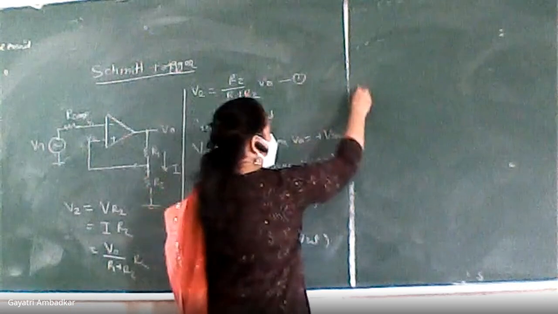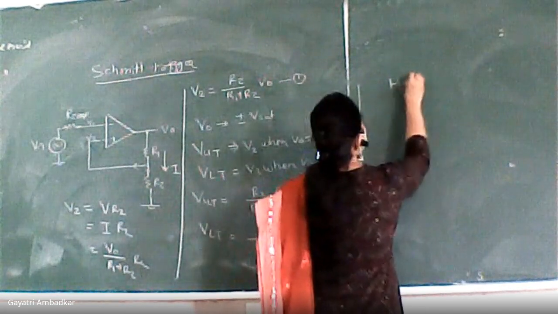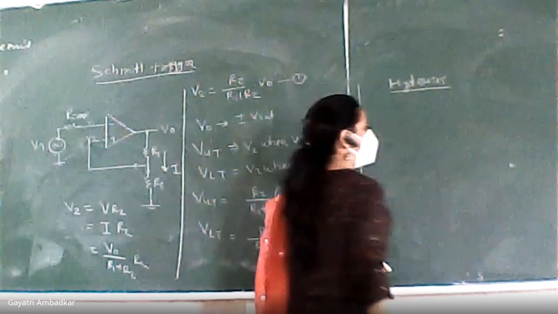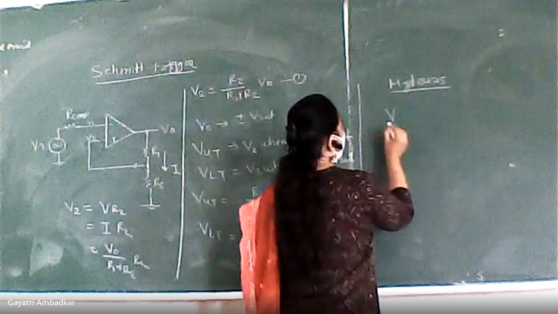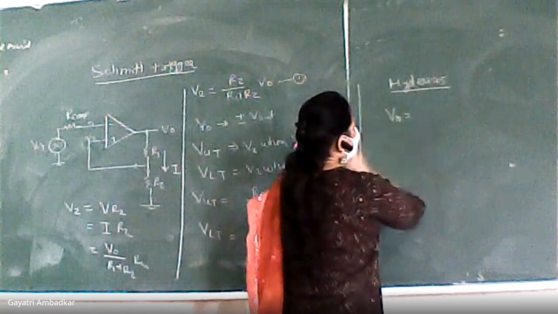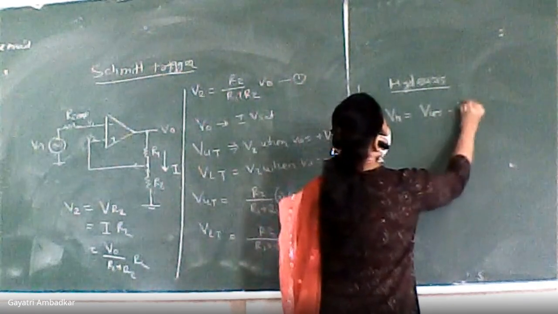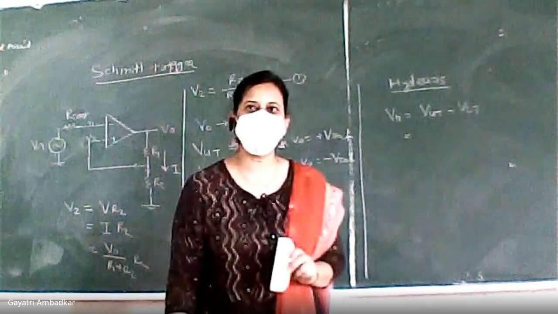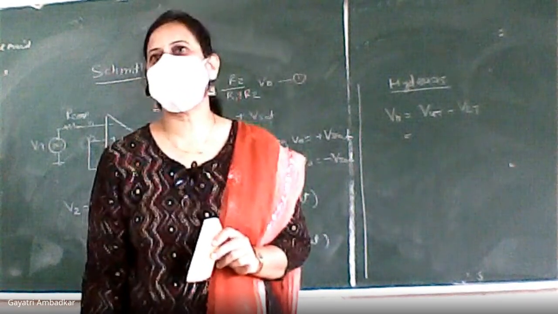Now, we define a curve called hysteresis. This hysteresis voltage VH is equal to the difference between upper threshold and lower threshold.